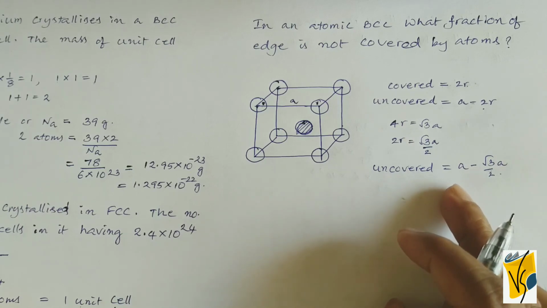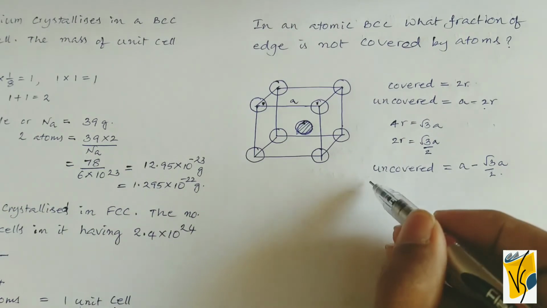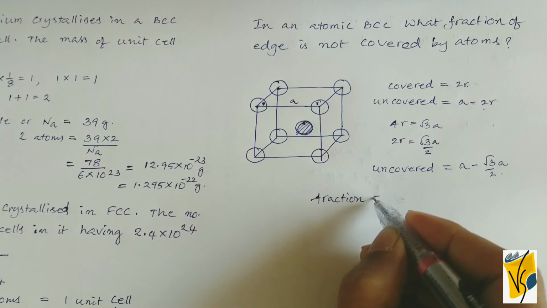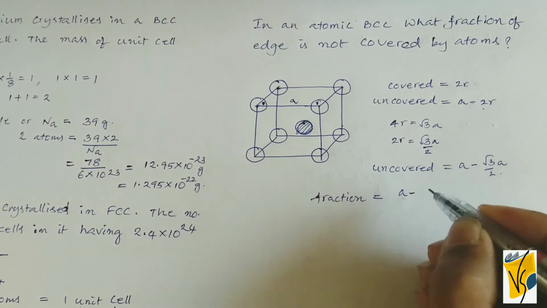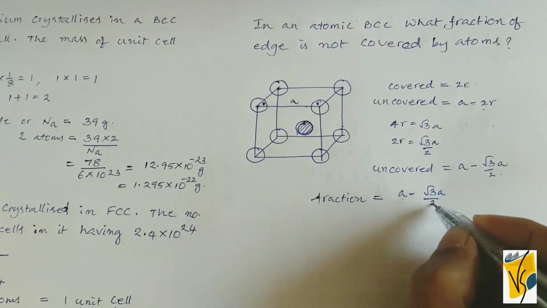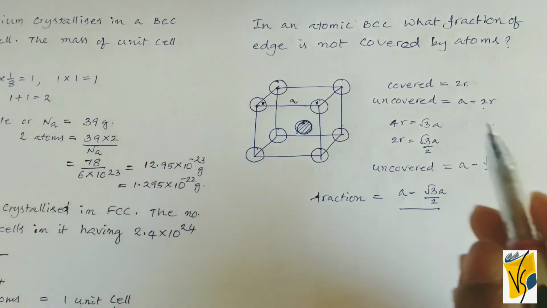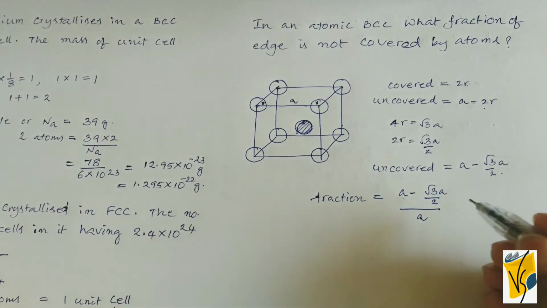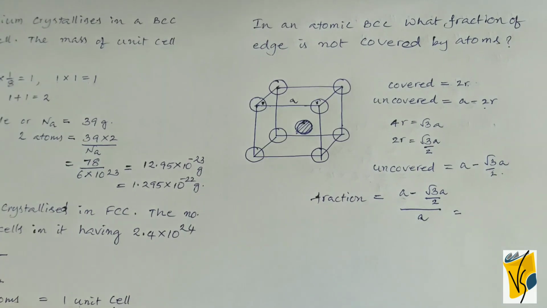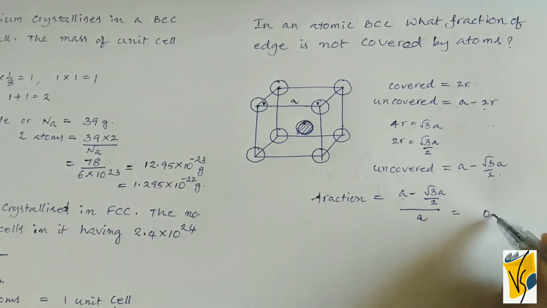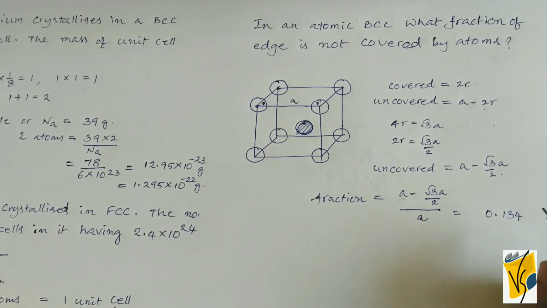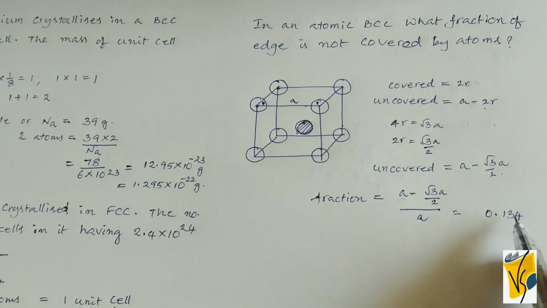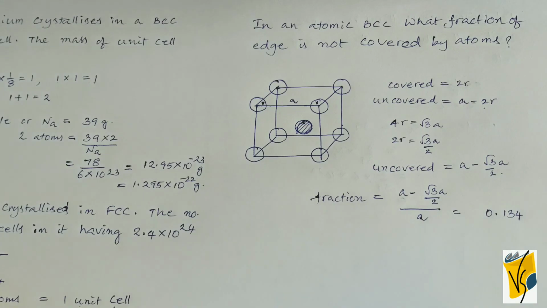What is the fraction now? The fraction will be equal to the uncovered portion divided by the total length, which is A. Now if you simplify this, you will get the answer as 0.134. That is the fraction of the edge uncovered by the atoms.